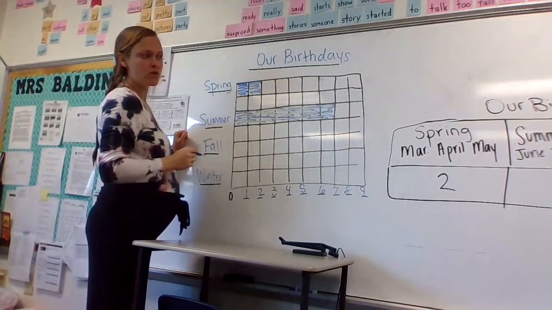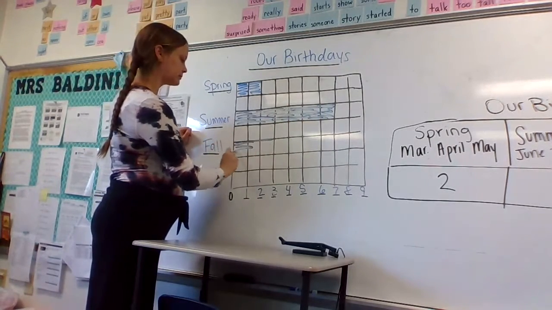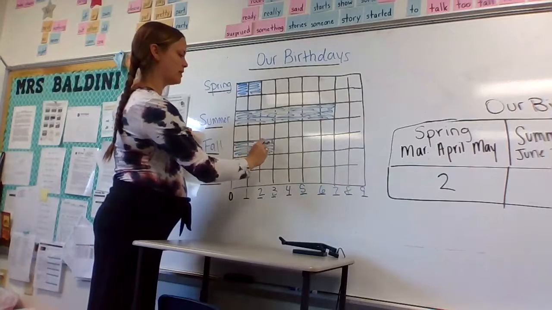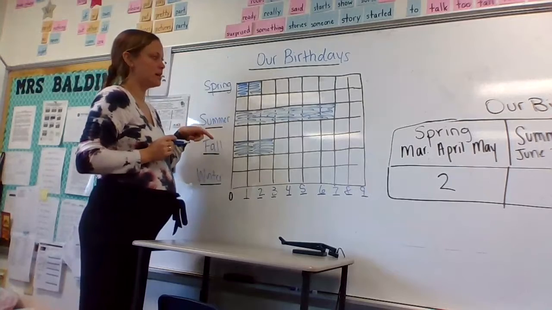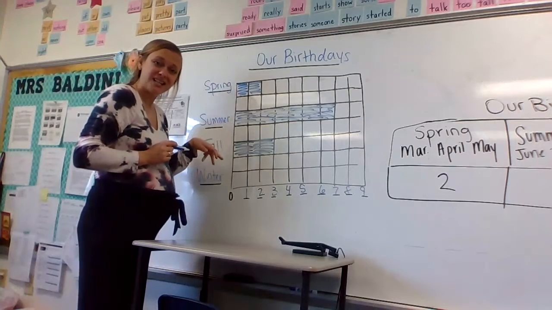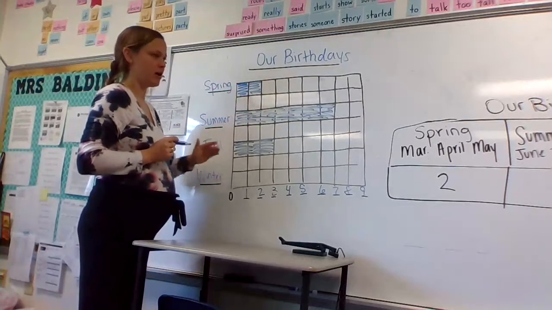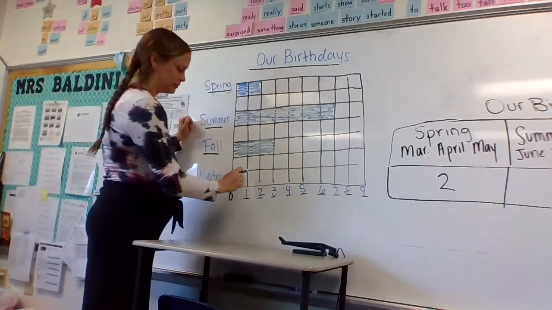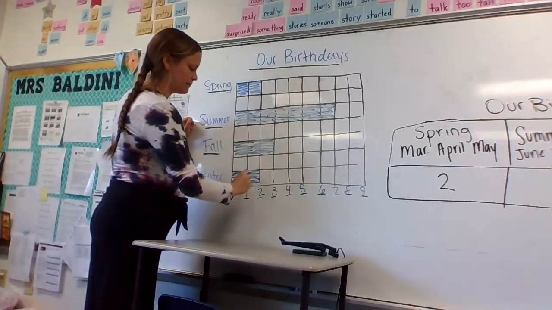For fall, we have 3 birthdays. Now, do you see how I'm leaving a row in between each of my different categories? That's so our data doesn't get all mixed up, and we can clearly see spring, summer, fall. Now let's look at winter. 2 birthdays. All right.